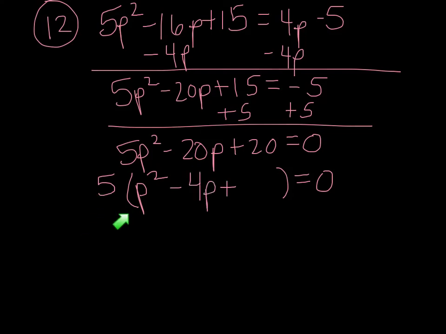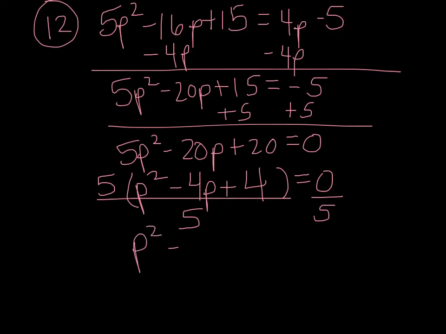And then 5 times what gives me 20? The answer is 4. So I factored out my GCF. I can actually divide the GCF away, because on the right-hand side, 0 divided by 5 gives me 0, and on the left-hand side, it just divides out from the 5 that I factored out.